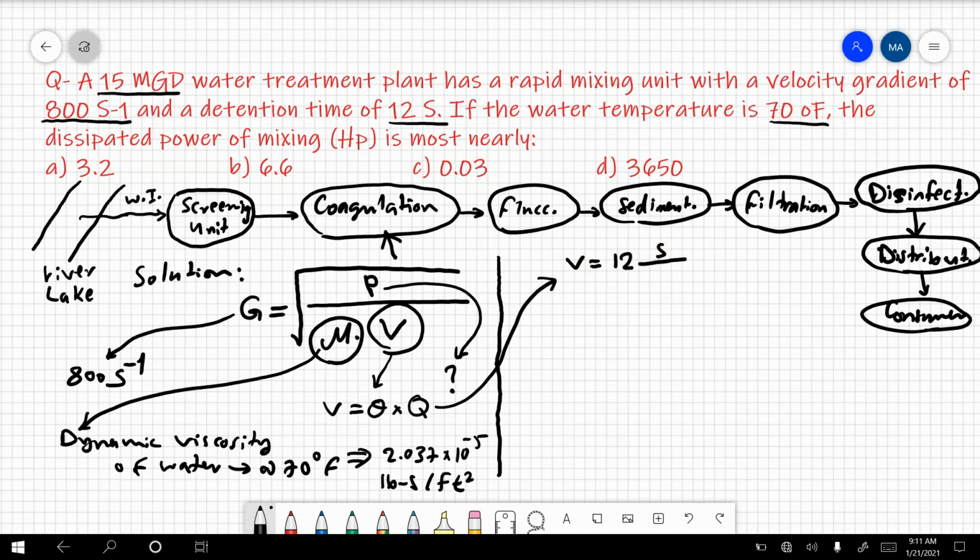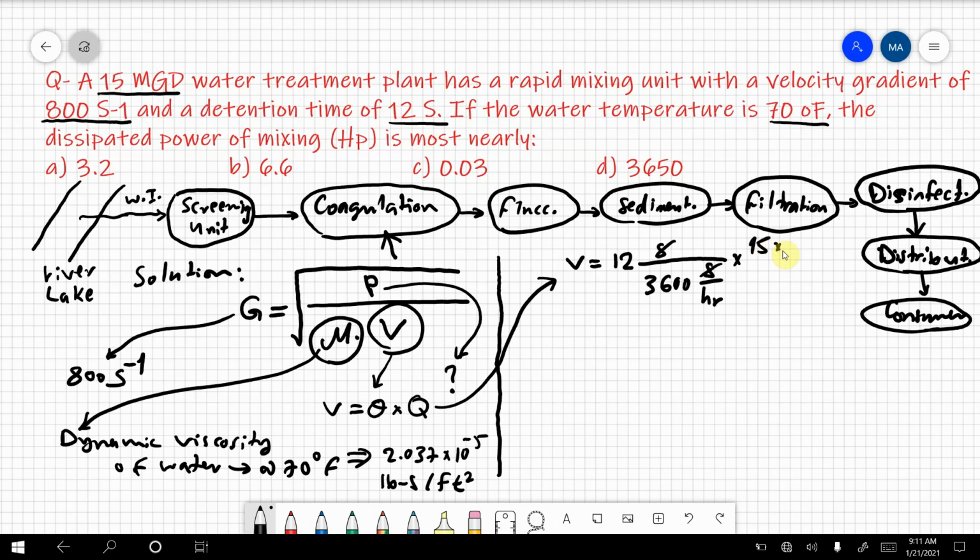Let's convert everything to hours. To convert seconds to hours, we divide by 3,600, and then we multiply by our discharge, which is 15 million gallon per day.